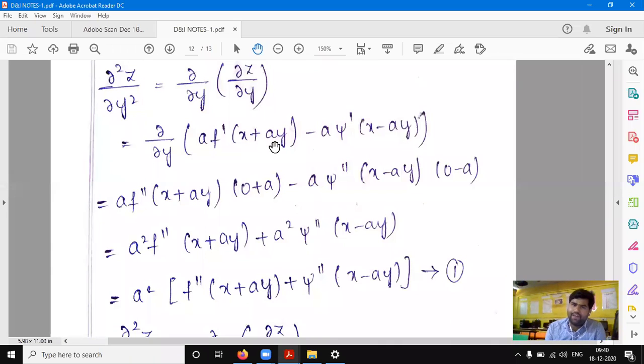The partial derivative of x plus ay with respect to y: ∂x/∂y is 0, plus a. For the other term, a times psi double dash of x minus ay, times the differentiation of this term, which is 0 minus a times 1.